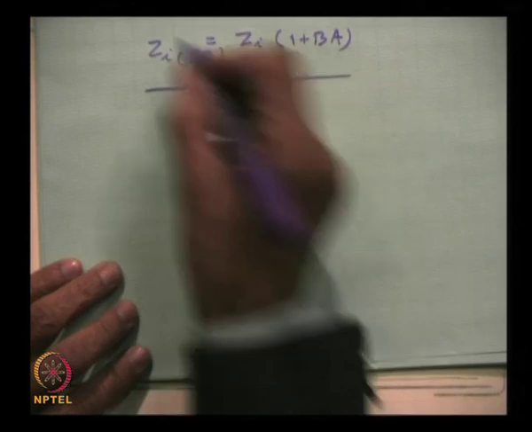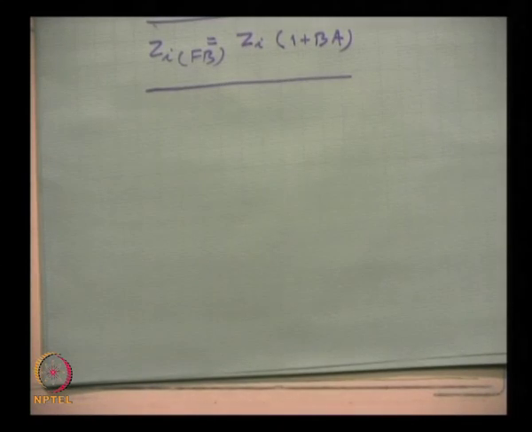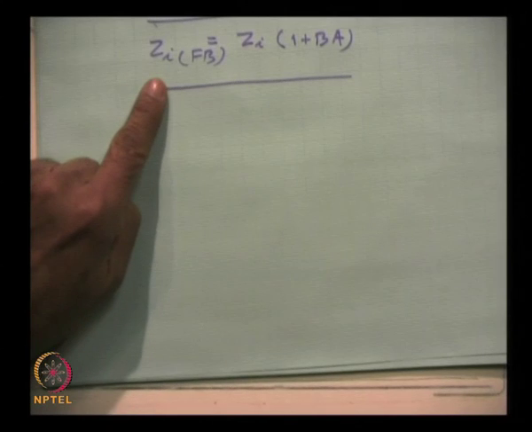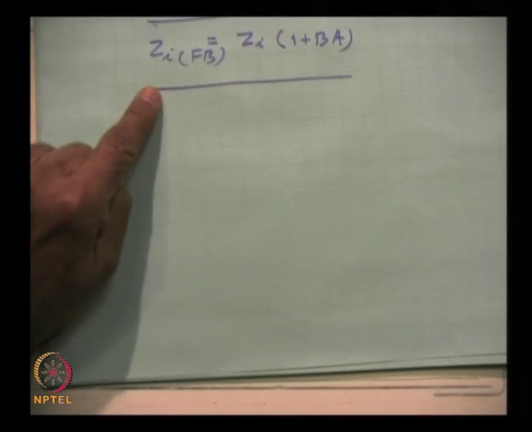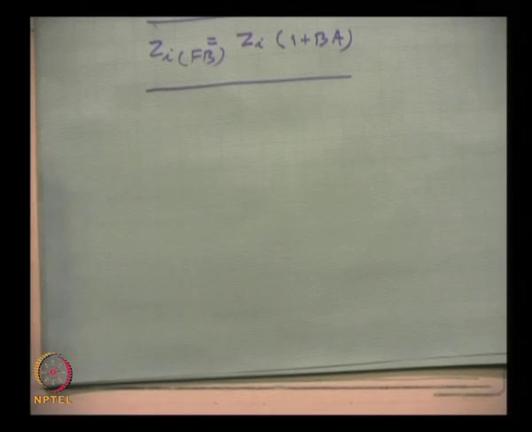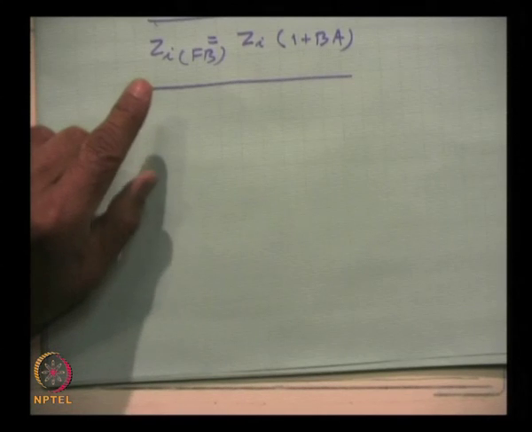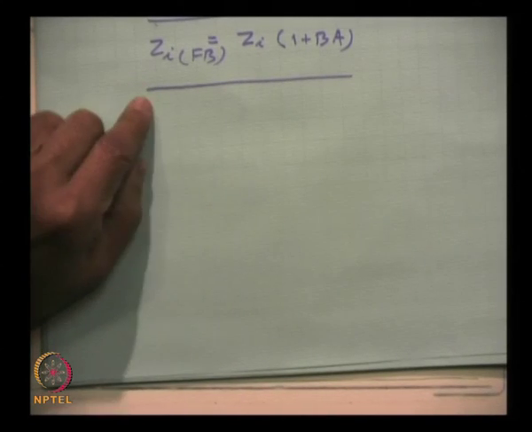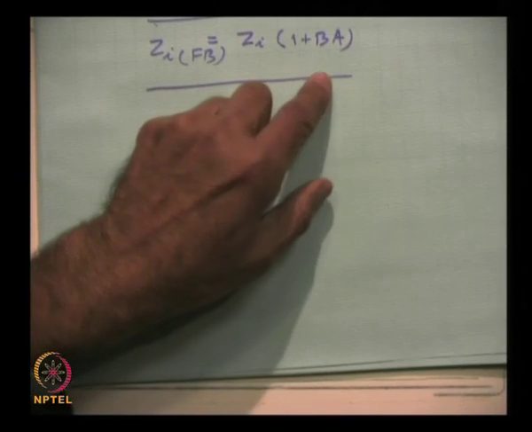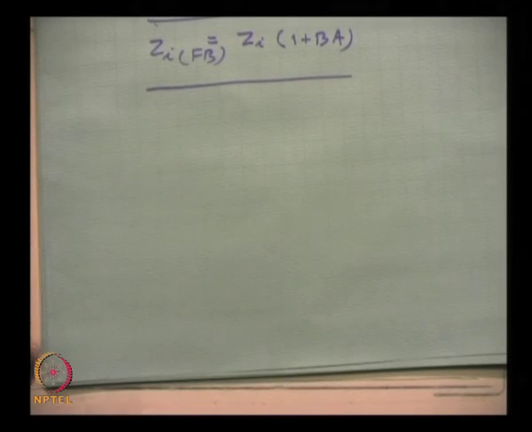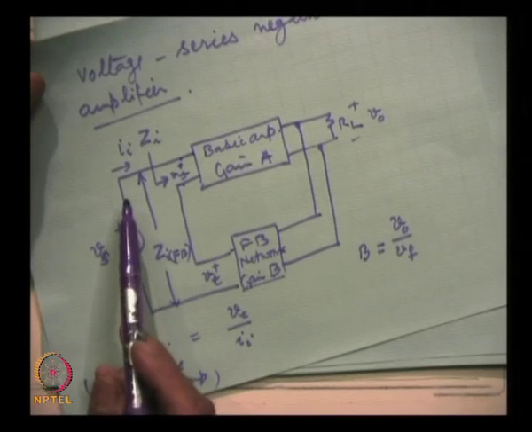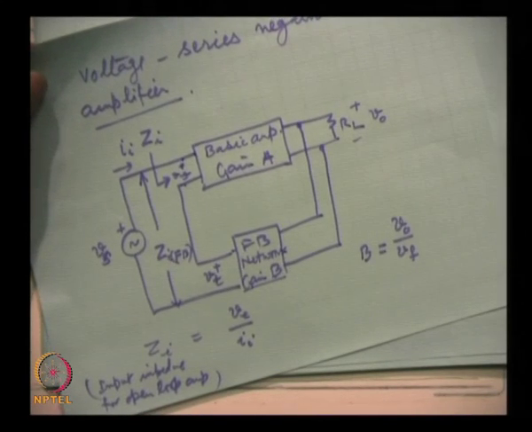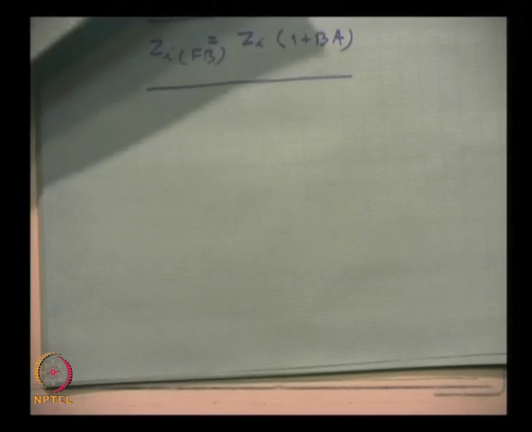This is the relation. We get the relation that how much modification in the input impedance will occur in this voltage series circuit which is under consideration by incorporating feedback. The input impedance becomes high by the factor 1 plus BA, and this is because this is a series connection at the input, and in those 2K resistances example, the resistance was supposed to increase.